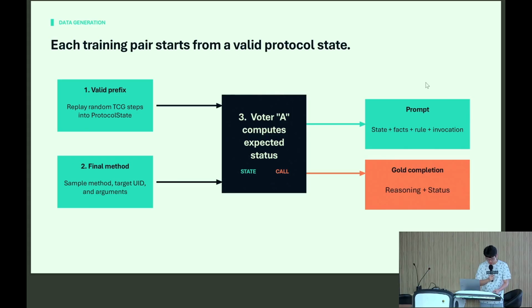Third, engine A calculates the status code that it expects for this state and method. We then create a pair. The prompt contains the state, relevant facts, rule, and final invocation, while the completion contains the reasoning and final status. We generate 20,000 of these prompt-completion pairs using Python.